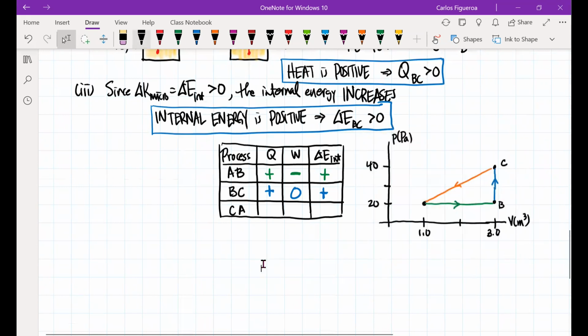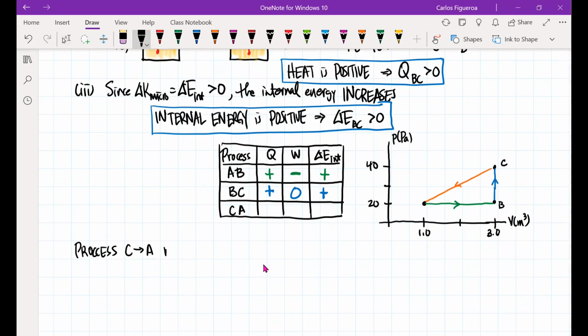So now we're on process C to A. And this is not any process that we know.